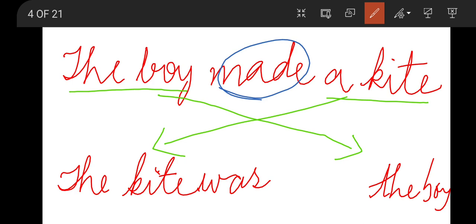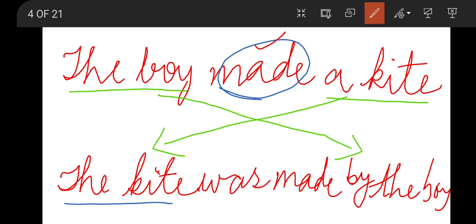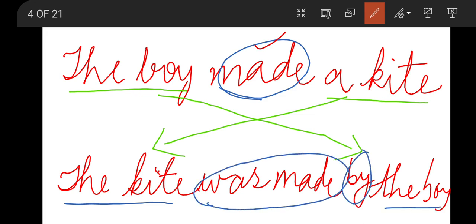So the past participle form of the verb I have to use. For made, it is already made only. So we will be writing was made. And do remember, after that we will be using the word by. So the sentence will be in this manner, children. Have a look. The kite was made by the boy.